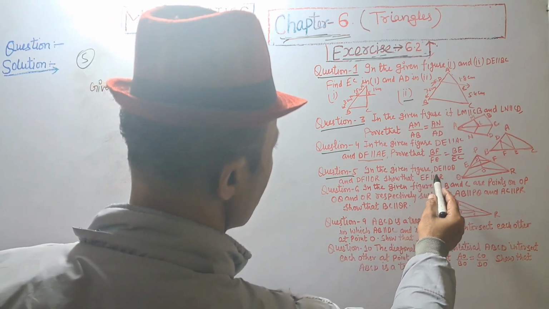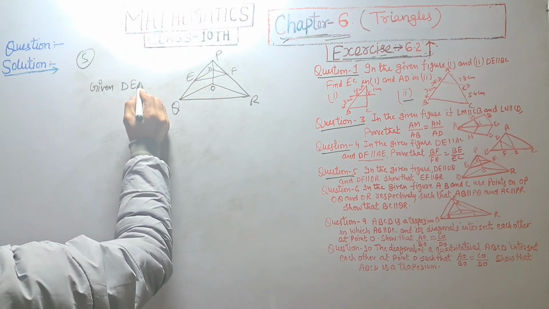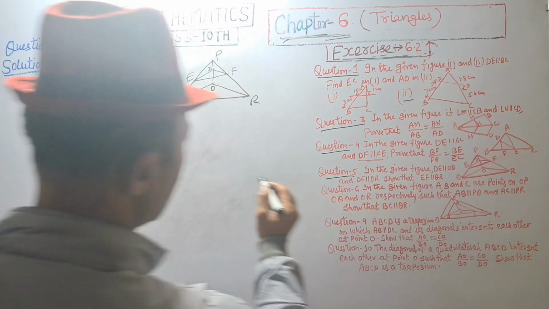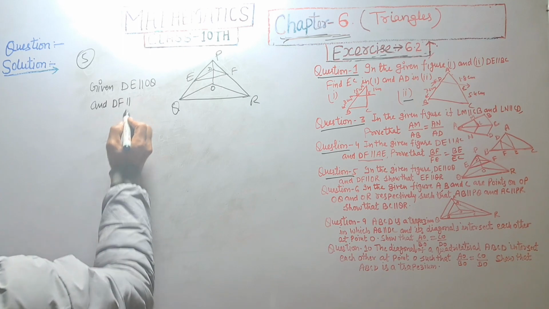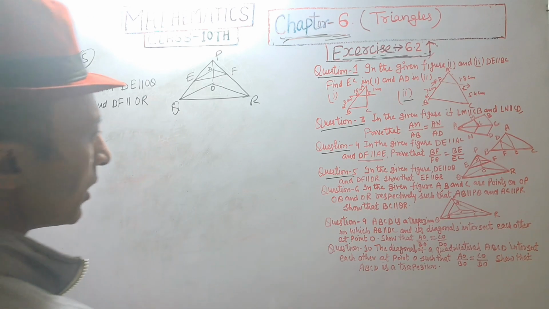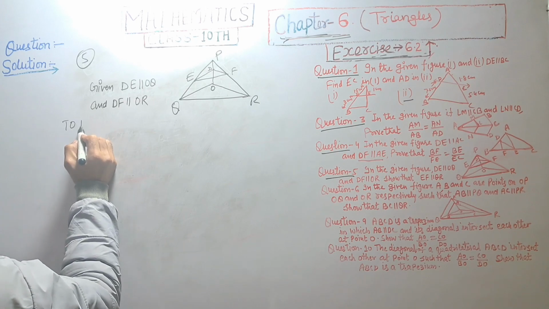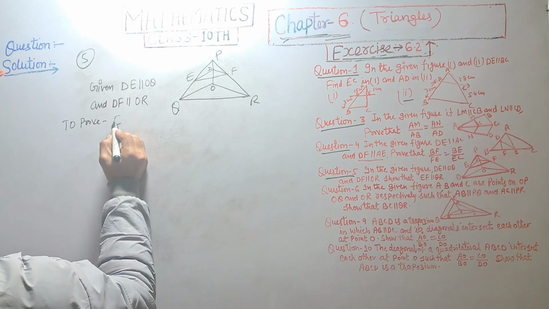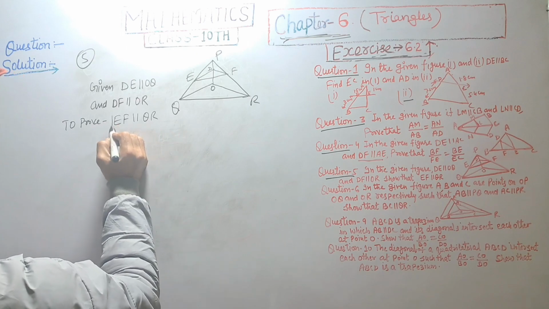Given DE is parallel to OQ and DF is parallel to OR. To prove EF is parallel to QR.